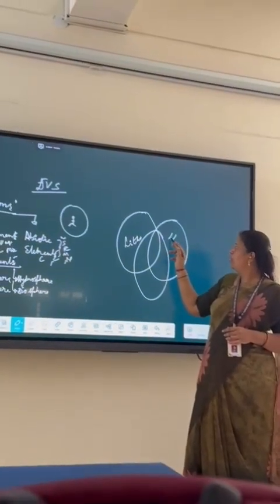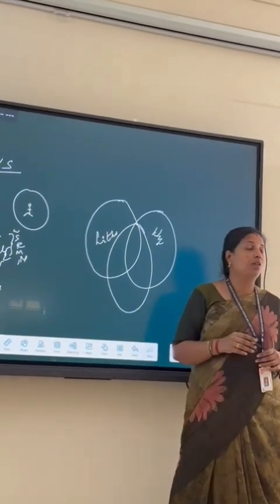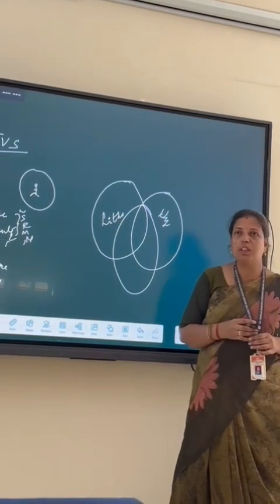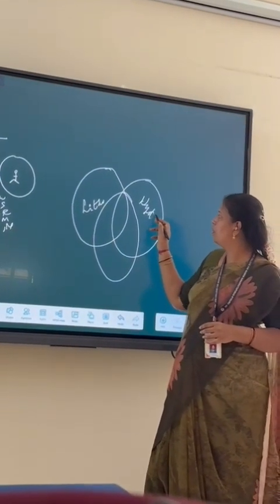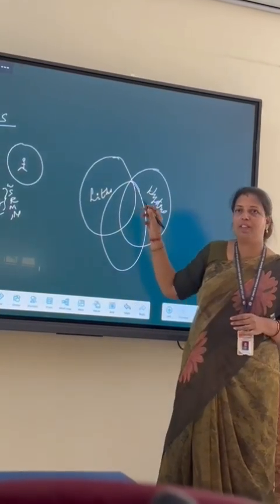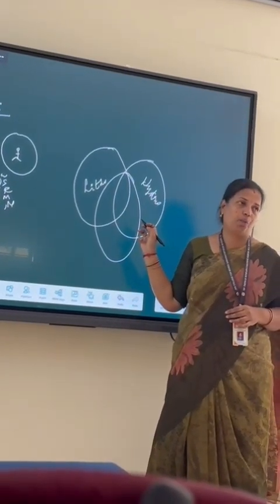Then the other part, which is around 72% of the total Earth surface, is covered by different types of water bodies, and that is called the hydrosphere.